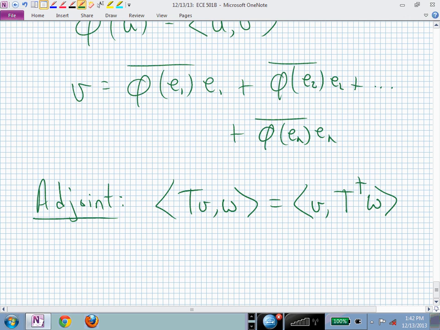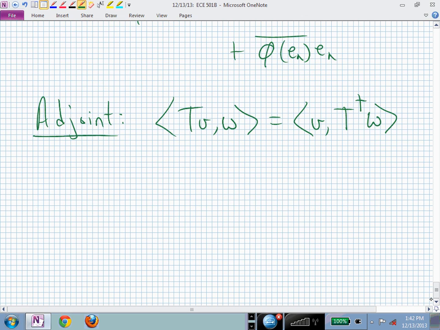T dagger was defined to make these two inner products equal.